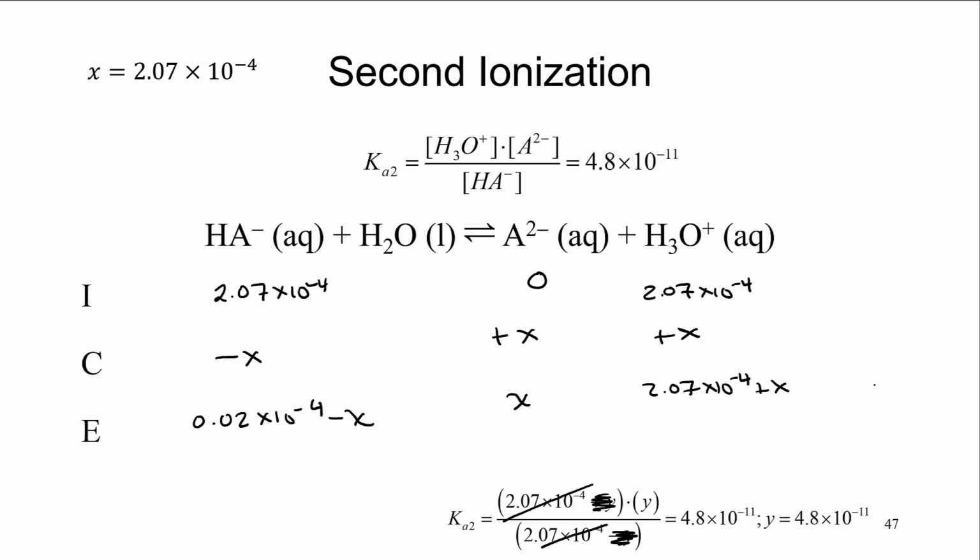Now, if I want to calculate pH, that's when I would use this. But what do you notice? You could add 4.8 times 10 to the minus 11 to that, but it's not going to make a difference. It's so small now. So all the hydronium comes from the first reaction.